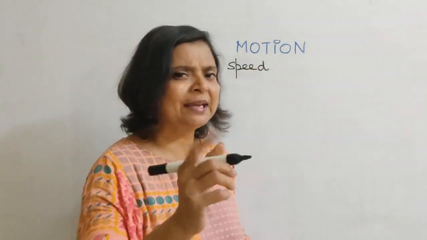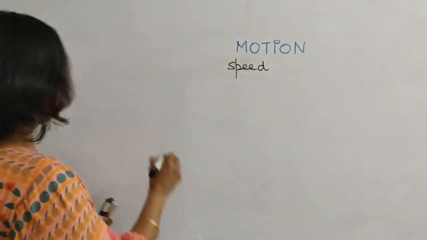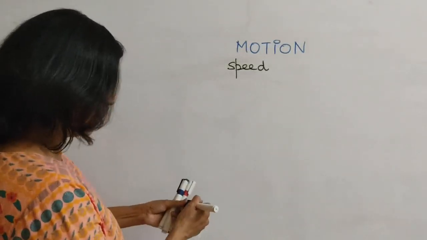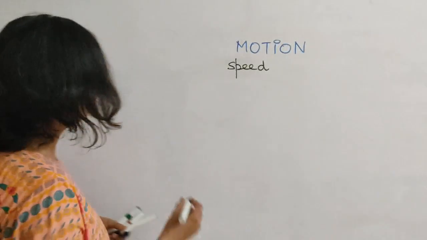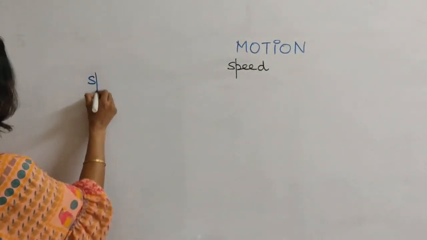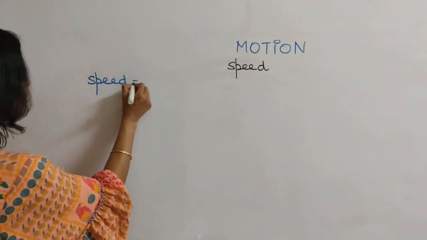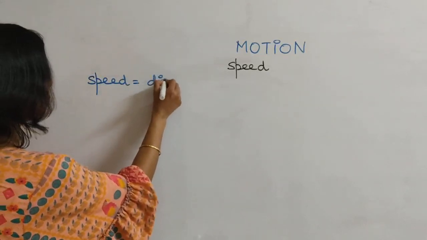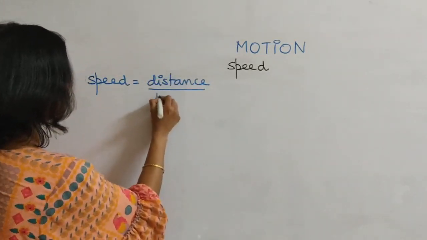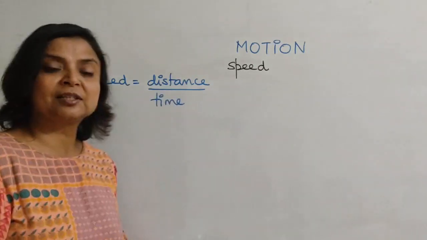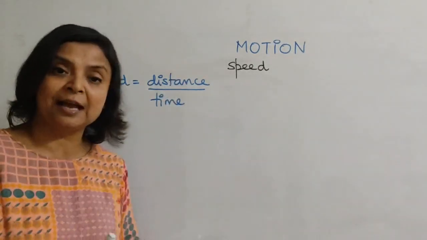Well, speed is not new to you. We have very often done sums based on speed in mathematics and science. So, I am sure you all remember speed is equal to distance upon time. How much distance did you cover in how much time?